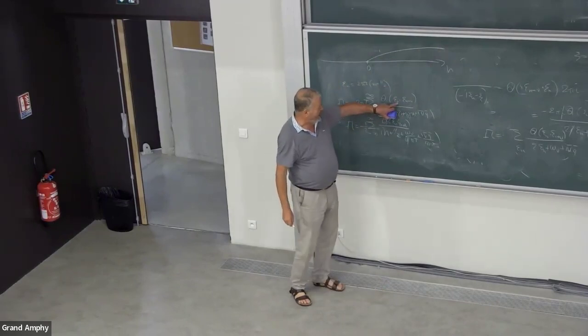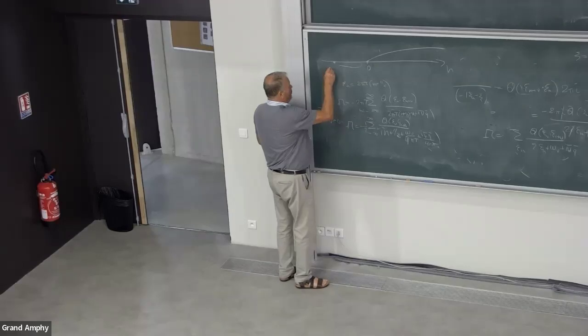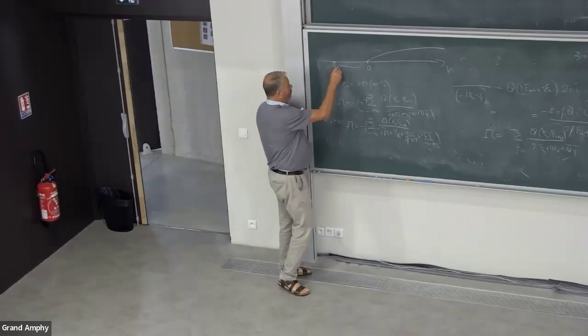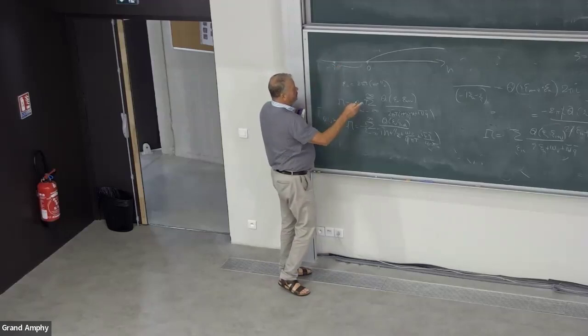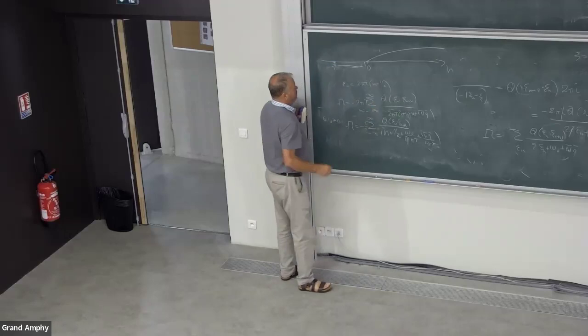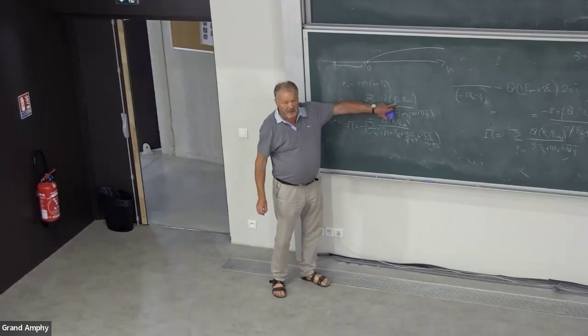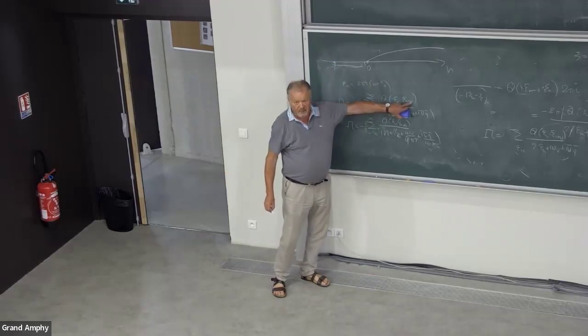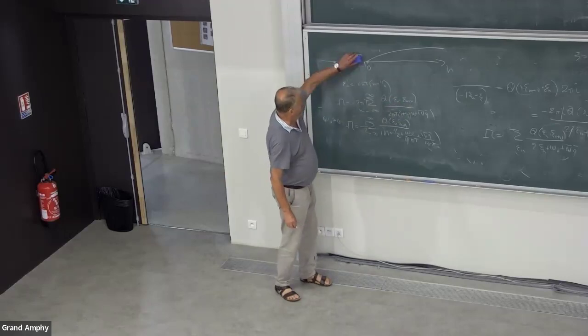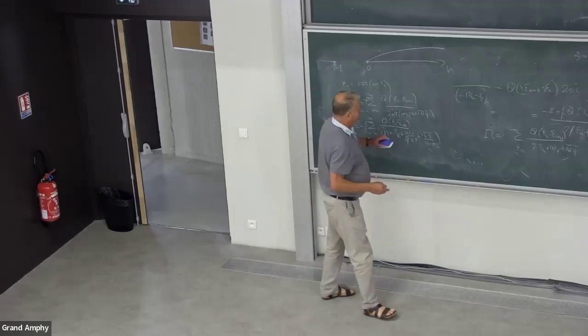But if n is negative, but not very negative, from minus nu to minus 1, then epsilon n is negative, but epsilon n plus nu is still positive. So this interval is bad, and I have to avoid it.